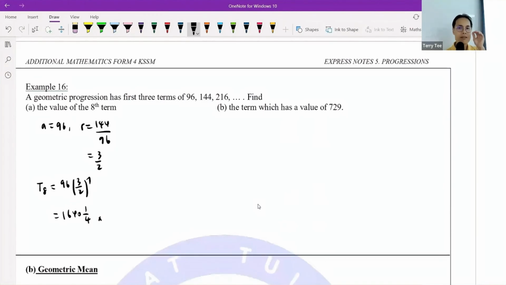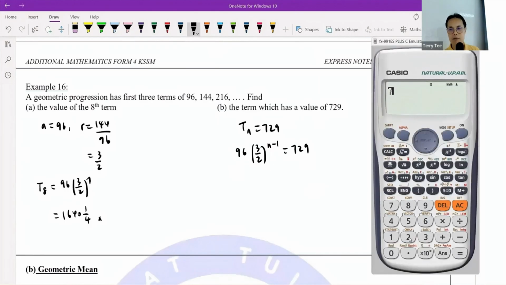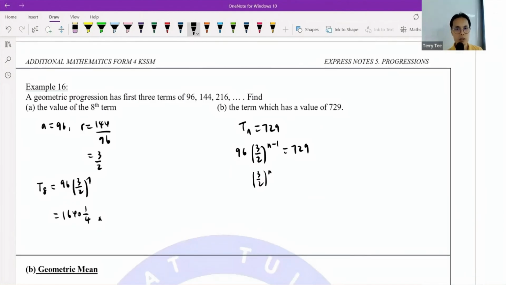Now find the term which has the value of 729. That means Tn equals 729. Your A is 96, R is 3 over 2, to the power n minus 1, equals 729. 729 can be divided by 96, right? 729 divided by 96 is a very ugly number as well: 243 over 32.